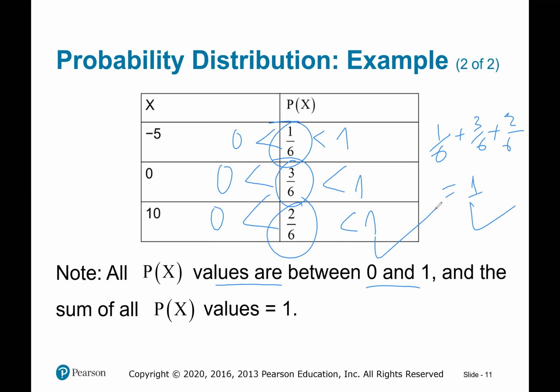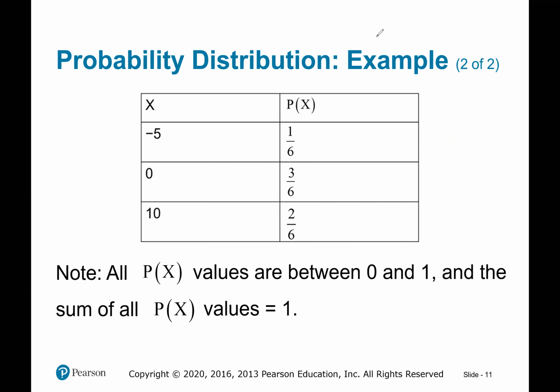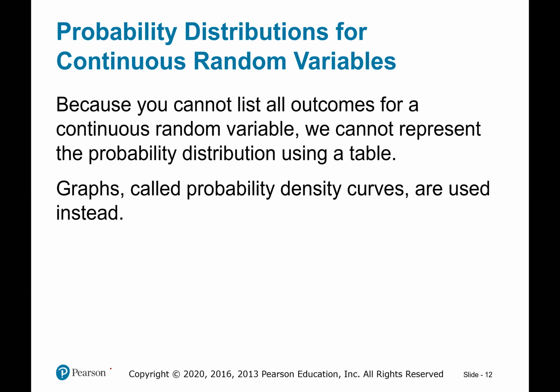Okay, now let's see what the next line is going to be. Probability distribution for continuous random variables. Because you cannot list all outcomes for a continuous random variable, we cannot represent the probability distribution using a table.